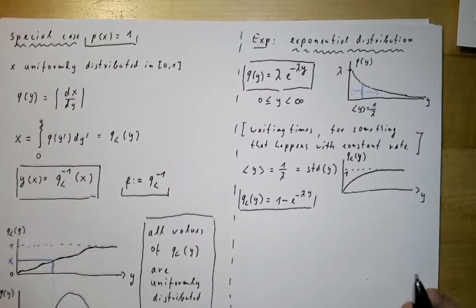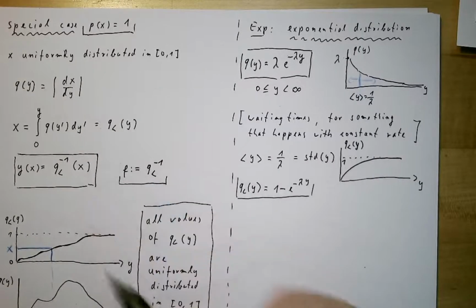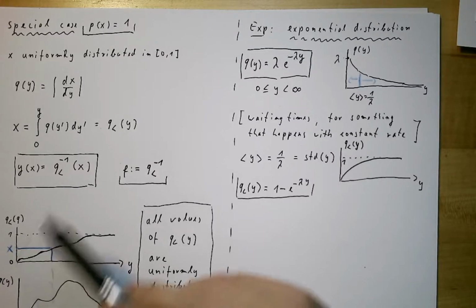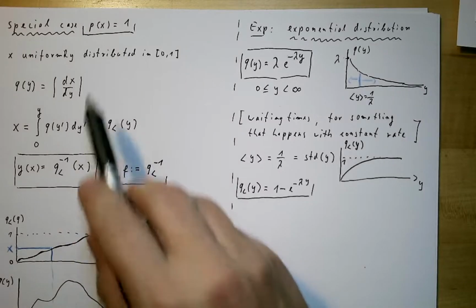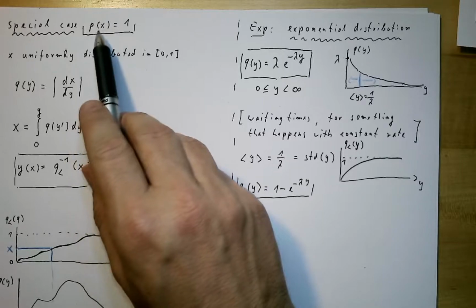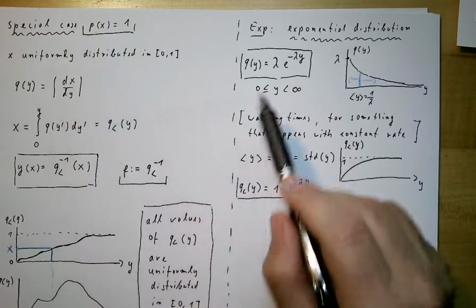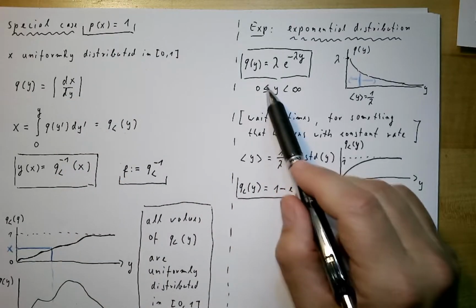And now we want to apply all that we learned here and see how, if we have an algorithm in the computer which gives us uniformly distributed random numbers, we can generate an exponentially distributed random number.